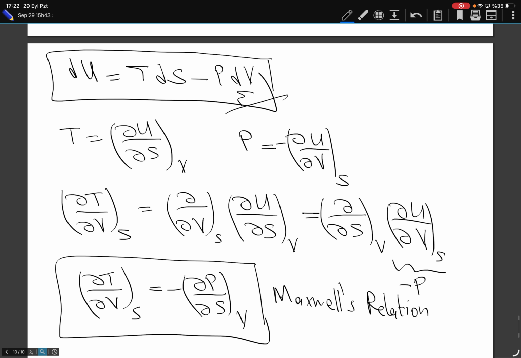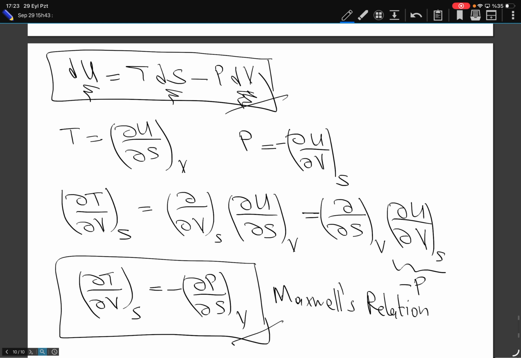One of them. We have other ones. And this relationship is based on the fact that there is a function of state U that can be expressed in terms of a function of state S and another function of state V. Just their existence tells me that their derivatives should be related in this form.